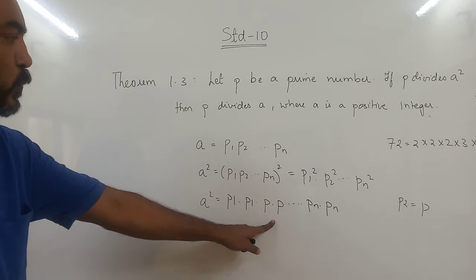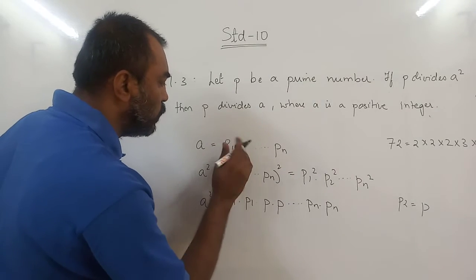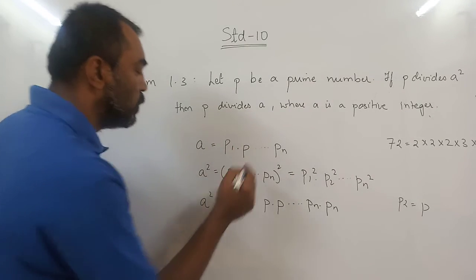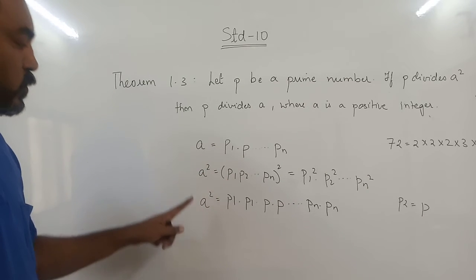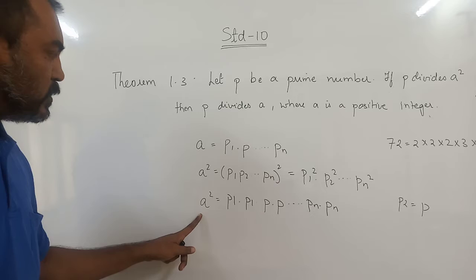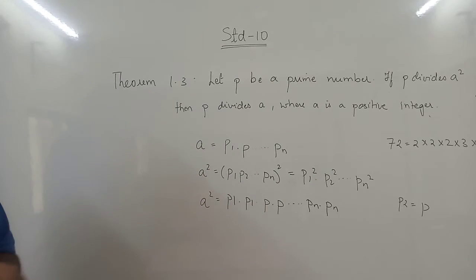If P2 is P, then this P2 in A should also be P. Means P is also a prime factor of A. So if P divides A square, then P divides A also.